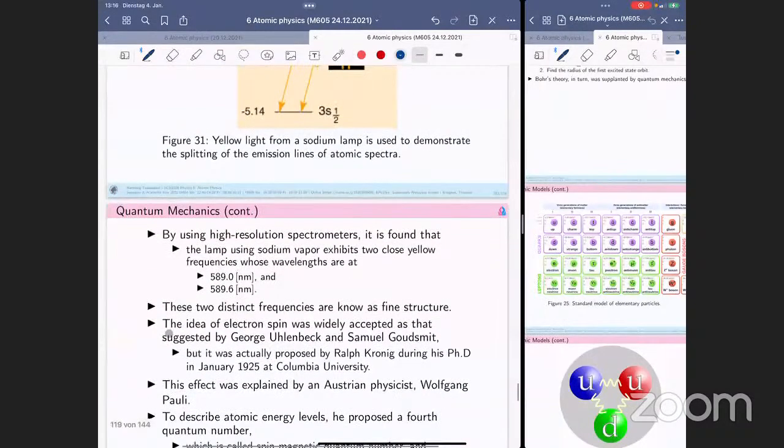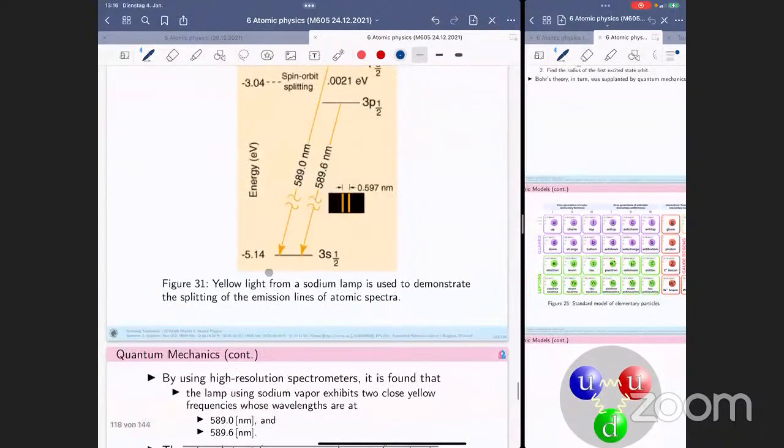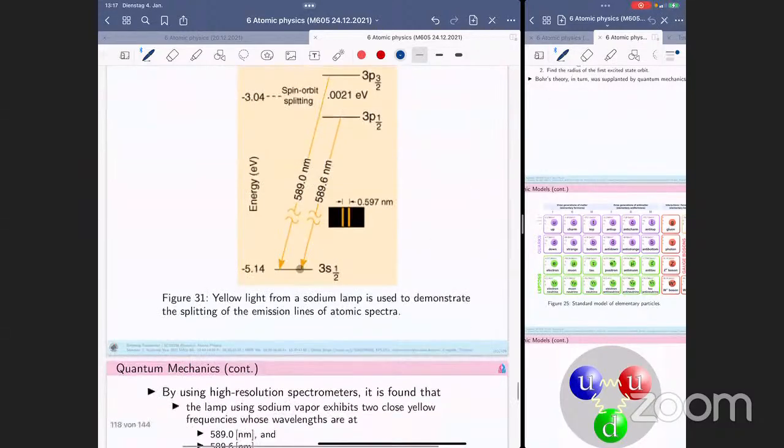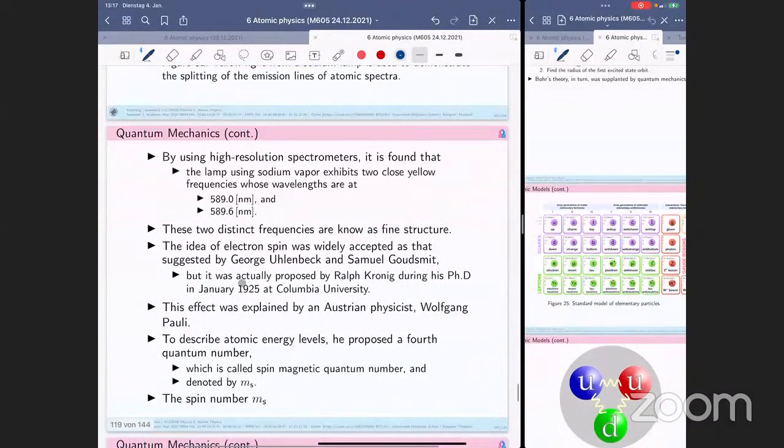The two distinct frequencies are known as fine structure, but no one could give any explanation to this phenomenon. So what is the reason behind that? No one could tell. That was a challenge to many physicists at that time.